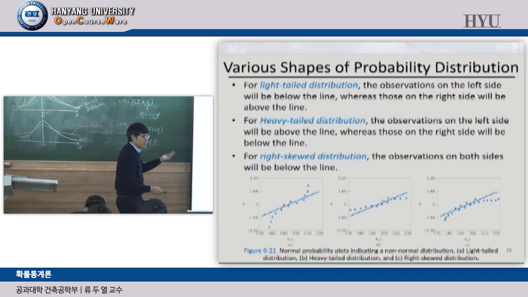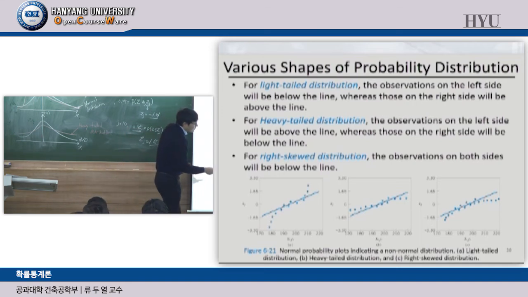And what is the reverse case? If both the left and right observations are above the center line, we can have the left skew distribution, right?